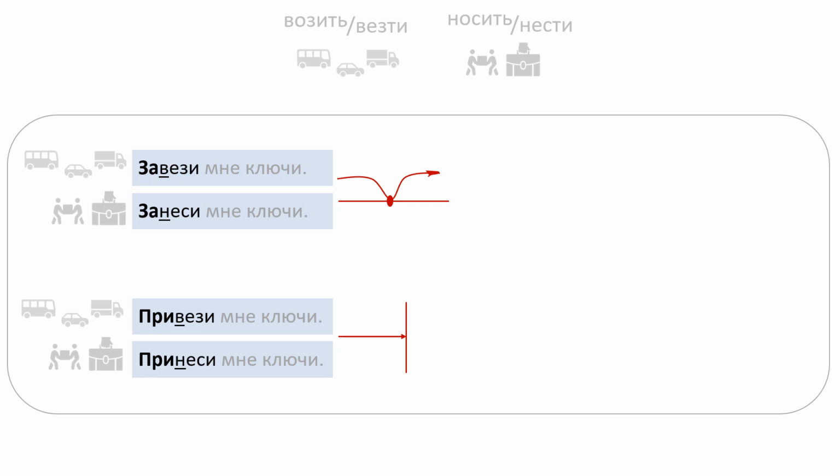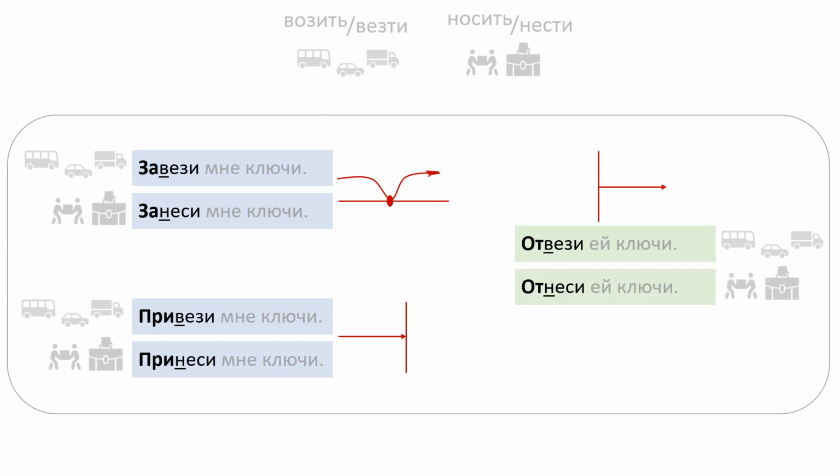The same logic is applied in the request take the keys to her. Prefix от in this request means to take something to somebody. So, отвези ей ключи. Take the keys to her, if transportation will be used to deliver the keys.